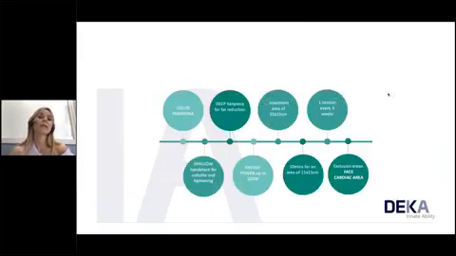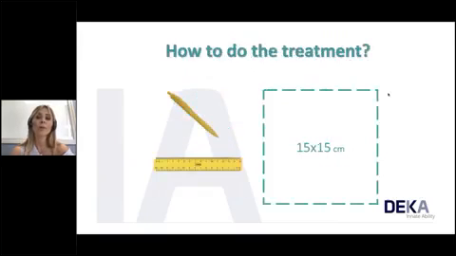Well, the treatment is pretty simple to perform. It's really important to draw at the beginning the area to treat and to select in the correct way the area to treat. Because what is important, I want to remind you, is that the area which is around our square 15 by 15 will improve.